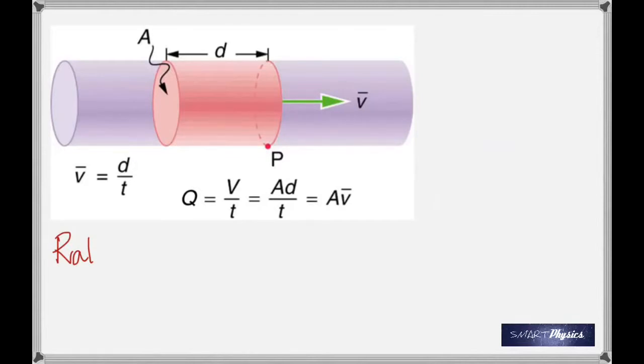And that is represented by Q. So whenever you see Q, you should know it is the rate of flow. Q is the rate of flow. It's good to write down because you'll have about 6 formulas today. Q is the rate of flow, which means the volume flowing in 1 second.